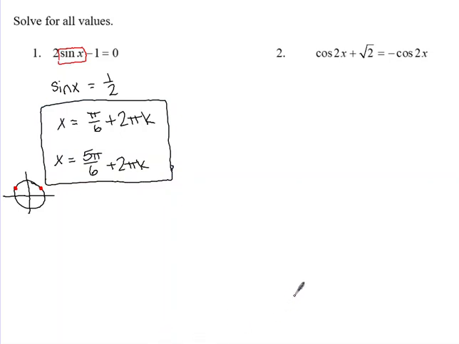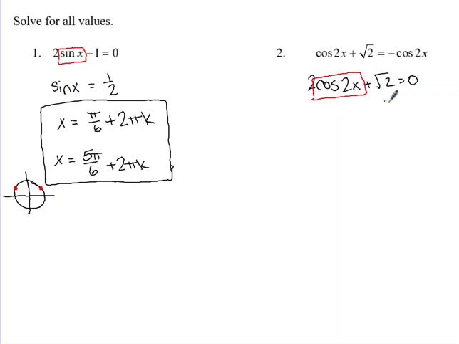Let's take a look at the next one. I have cosine of 2x plus square root of 2 equals negative cosine of 2x. So I'm going to add cosine of 2x to both sides. And then I need to isolate cosine of 2x.